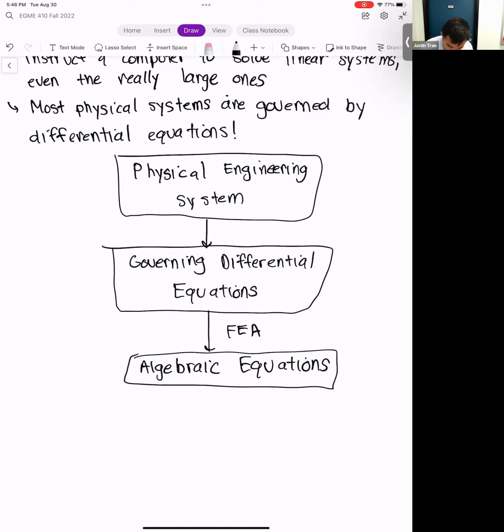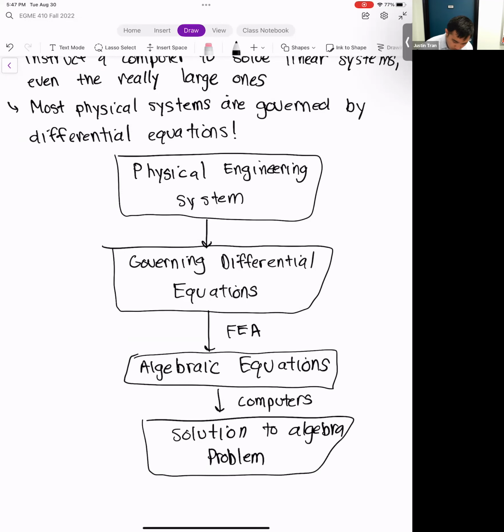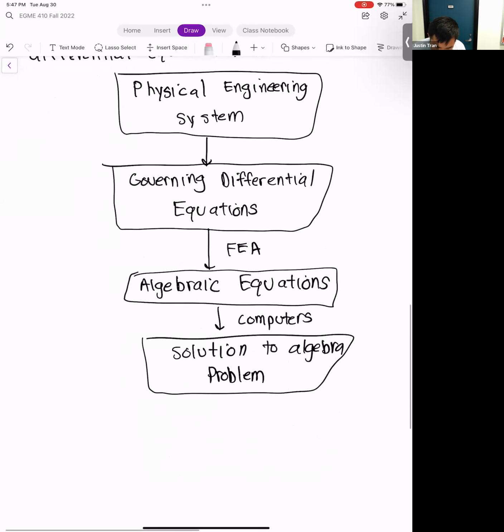Then from here, we use computers, and we get a solution to algebra problems. And from this solution, we can then process it even more to get results of engineering interest.